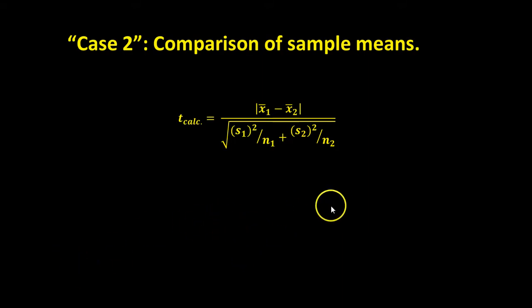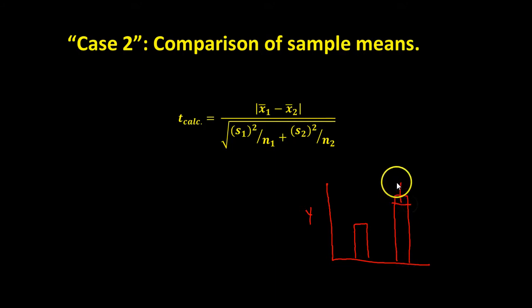Just to give you an example, just pictorially what we're looking at. Sometimes you'll see something like this, and you have some sort of variable here, your y value, whatever you want to call it, and then you have two samples, sample 1, sample 2. Each one of them has a standard deviation. What you're trying to figure out is, are these two the same or different?